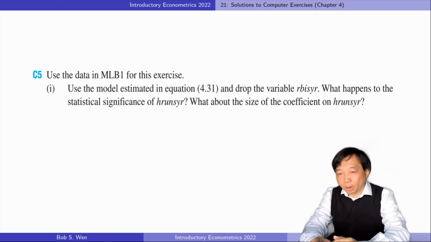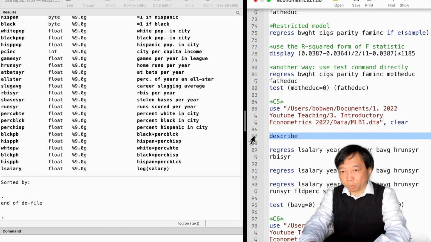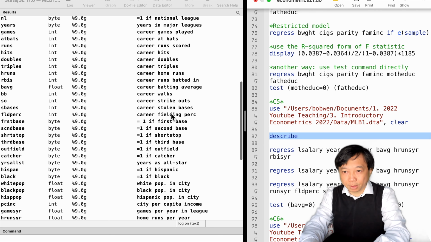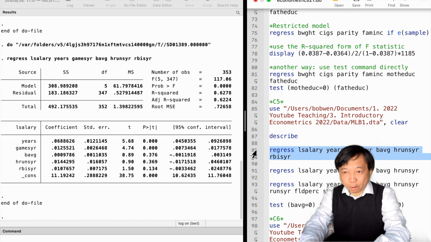Next, let's solve computer exercise number 5. The model relates the total salary of the baseball players to the years in the league, the average games played per year, the career batting average, the home runs per year, and the runs batted in per year.